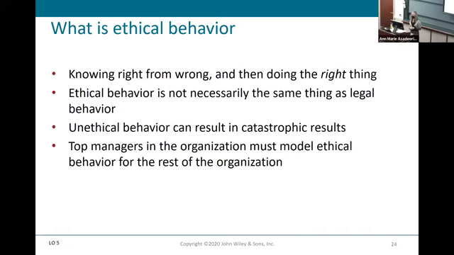Top managers in the organization must model ethical behavior. If you're in top management and you're doing things that are a little bit shady while people are watching, you're setting the tone for the entire company. It reminds me of my son, who is a captain in the Marine Corps.